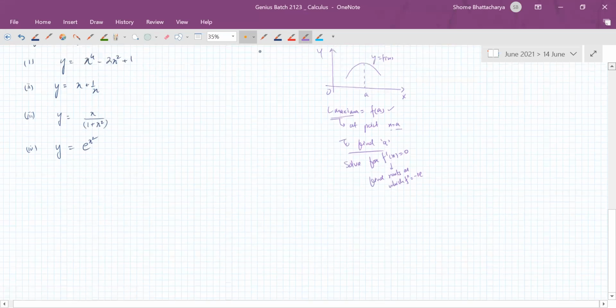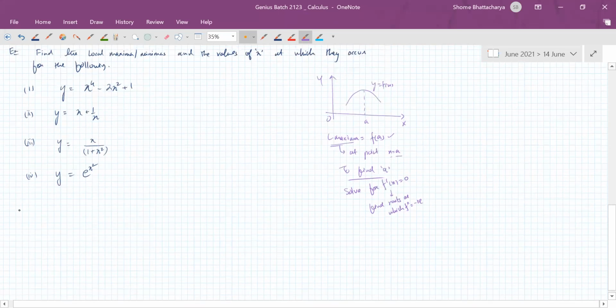Okay, so I'm just illustrating the steps of the first part for all of you to verify. So the function given to us in the first part is a polynomial of degree 4. That means the derivative of the function will be a polynomial of degree 3. So we can have up to 3 roots.